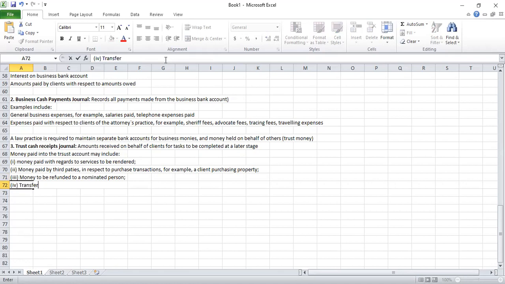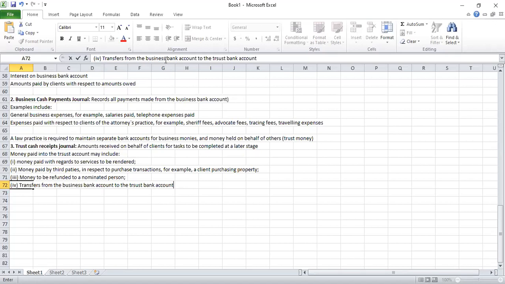Transfers from the business bank account to the trust bank account. For example, if a client paid money into the trust and we used the money to do his services, and later on the check that he had paid is rejected, we are required by law to compensate that money and then claim the money from the client.